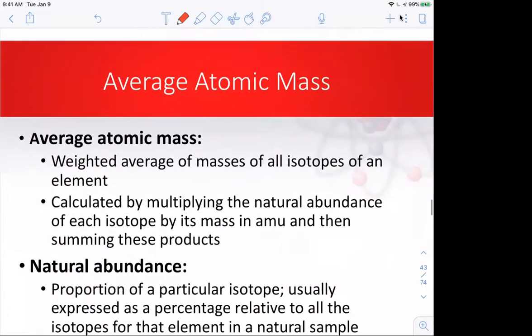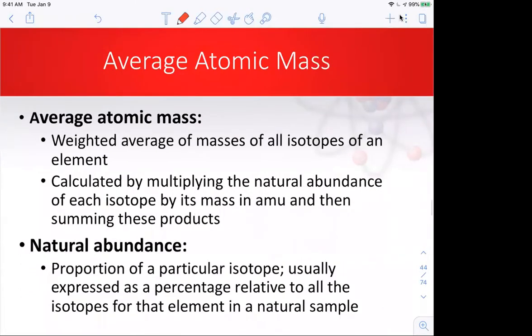Now, if you look at the periodic table, you're looking at masses that are designated on the periodic table. Those are not masses of individual isotopes. The mass that's listed for an element on the periodic table is the weighted average of the atomic mass of all isotopes of the element.